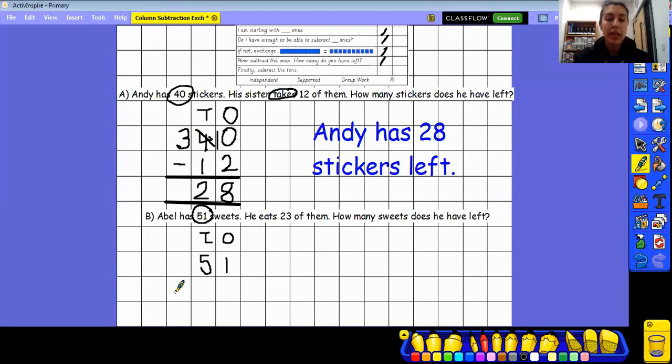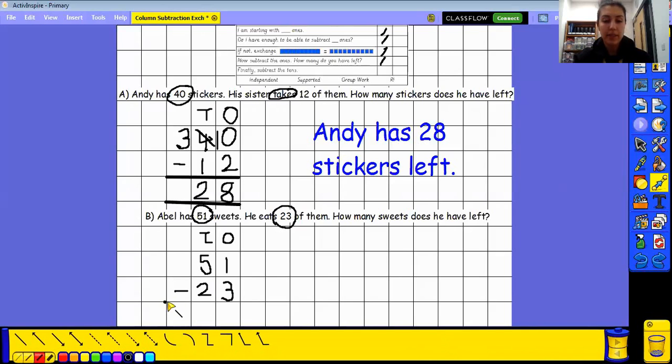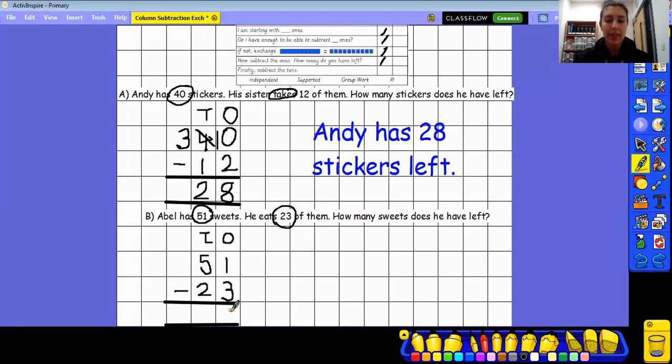So that means I'm doing a subtraction, and I'm getting smaller by 23 sweets. Then I need to do my equal sign, and my calculation is set up, ready to work out the answer.